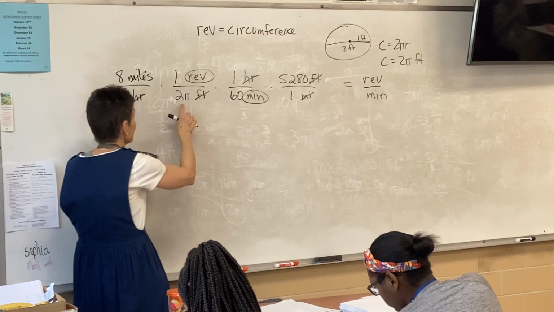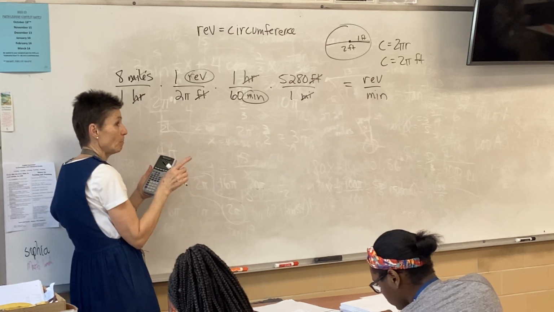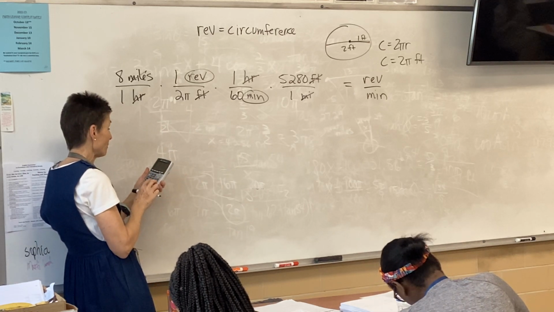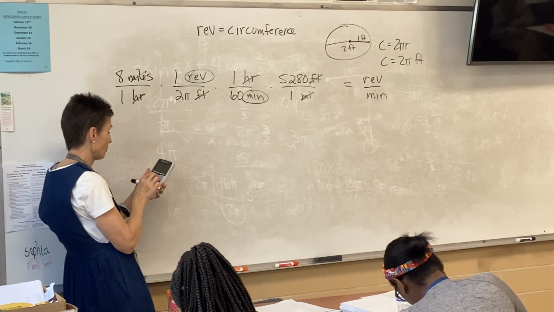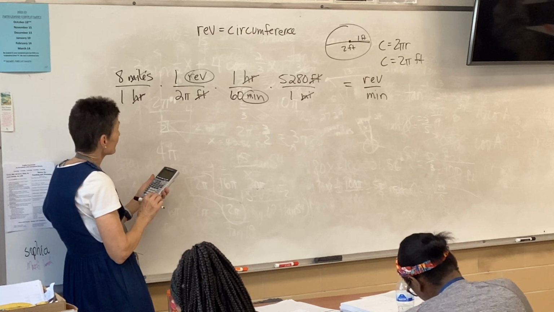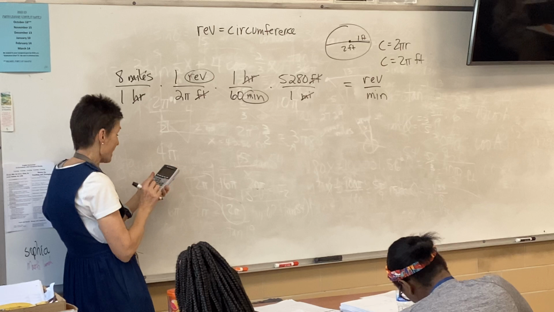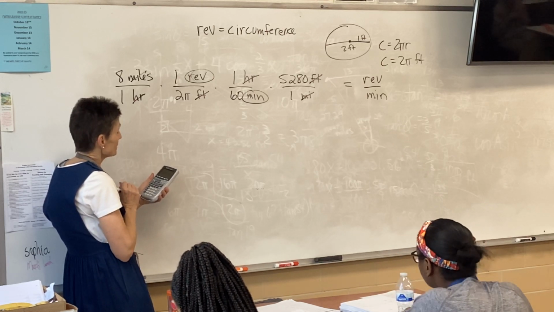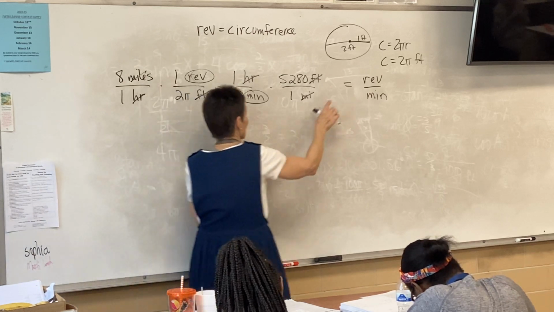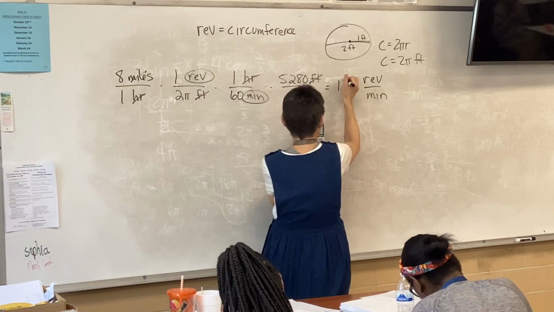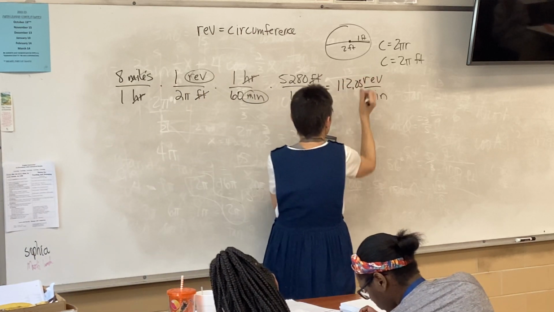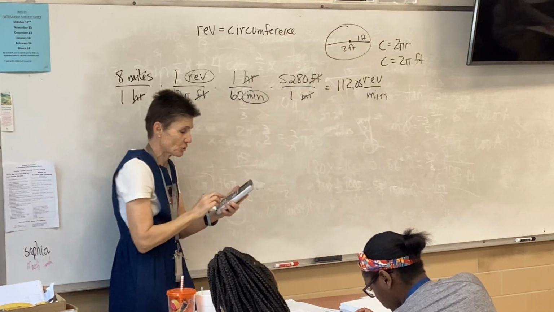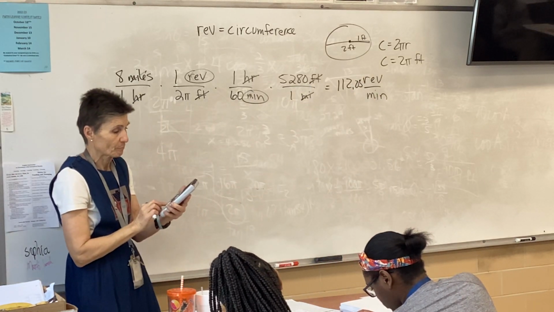Then I gotta divide by 2 pi, so divided by parentheses 2 pi. And I hit equals, and then divided by 60. So make sure your answer was 112.05 revolutions per minute. Make sure that's what you ended up with.